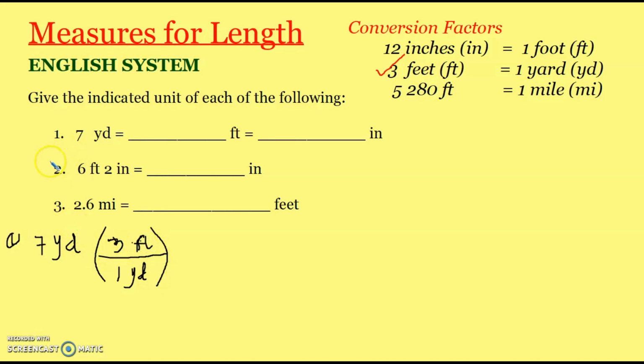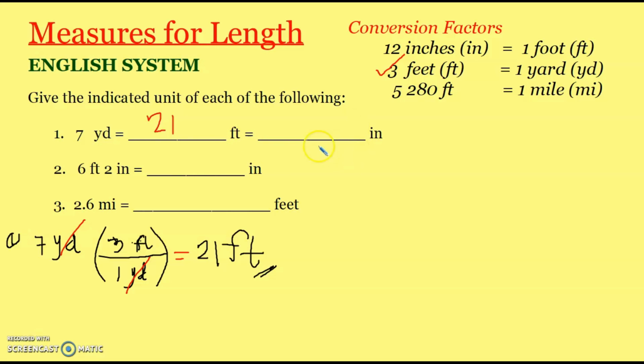And then you canceled out the unit of measure yards. As you can see, the denominator is 1, so we just have to multiply the numerators. 7 and 3 will give you 21, and the remaining unit of measure is feet. Therefore, we write 21 feet here.